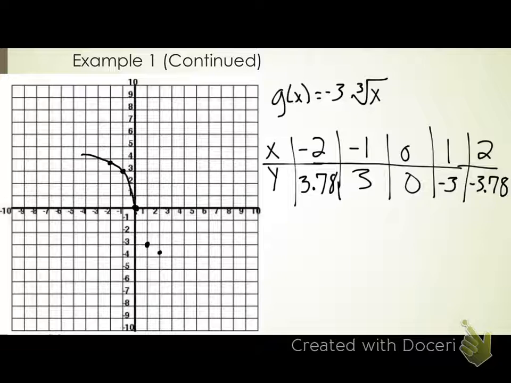Connect my points. There's my graph of g of x. Questions how I'm getting that?